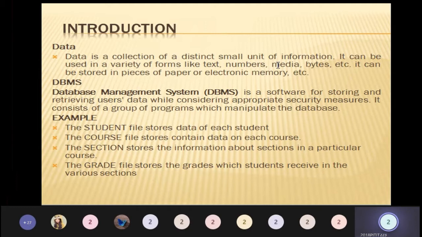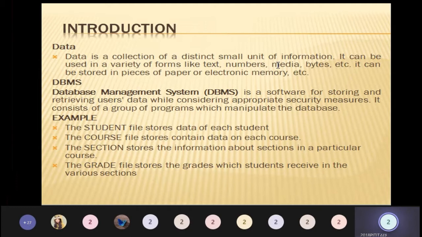It consists of a group of programs which manipulate the database, which means that it is a program that organizes and maintains the information, whereas the database application is the program that lets us view, retrieve and update the information stored in a database.